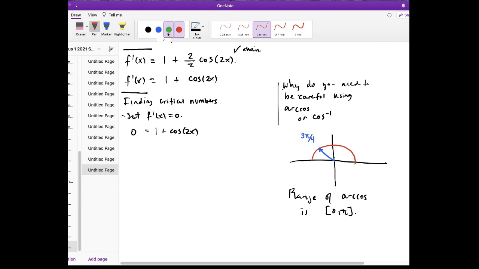Arc cosine will not give you this value, right? Arc cosine does not give this value.